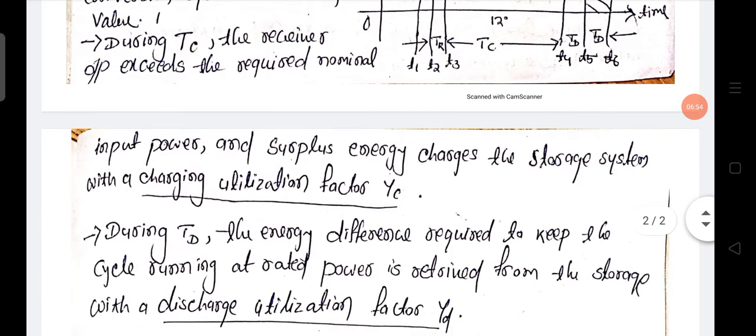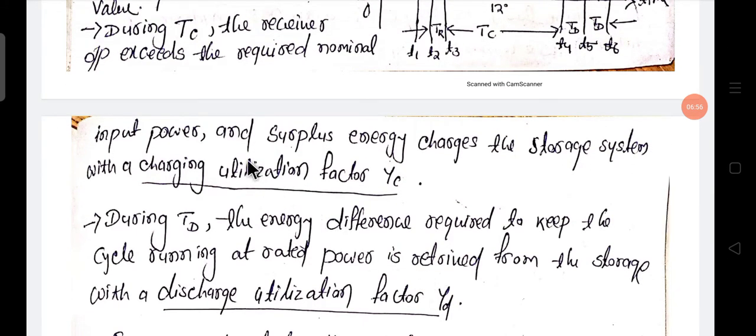So the input power and surplus energy charge the storage system. Since it produces excess thermal energy, we can store that surplus energy in our storage system.